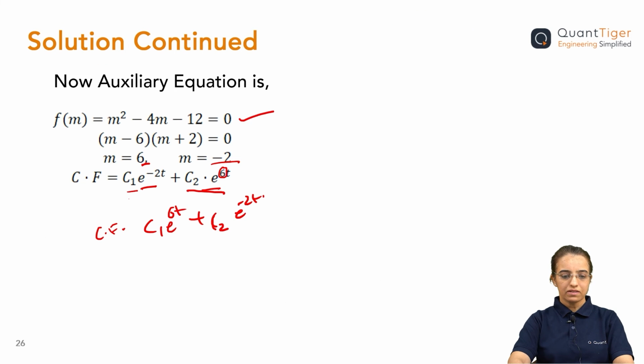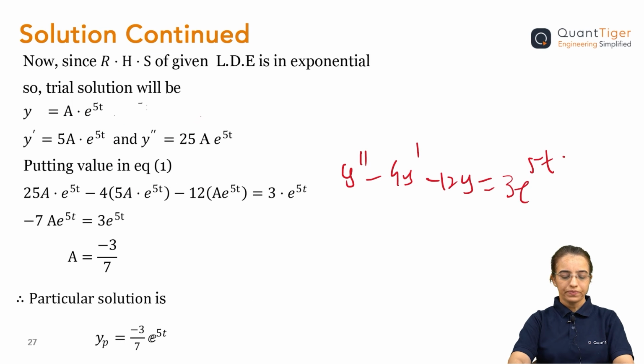So our guess solution will be A into e to the power 5t. This is my trial solution. Since the right hand side was in exponential form, this particular trial solution has been picked.